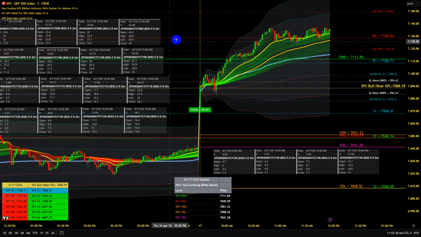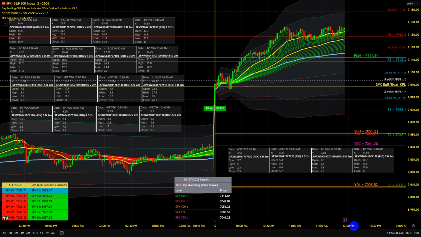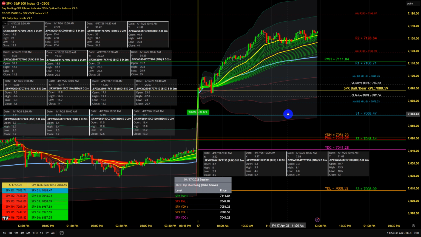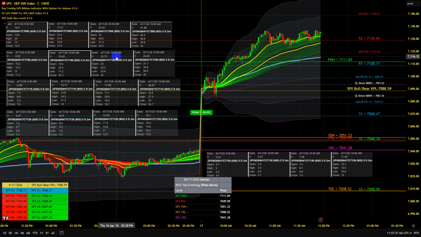So if you want to look at it in a corresponding way here, we'll move this back in. You can look at it this way. If the entry was here, if you were utilizing this particular option, let's say the closest strike here, the standard play, you're paying $15.90.